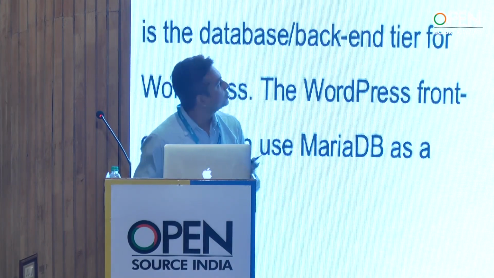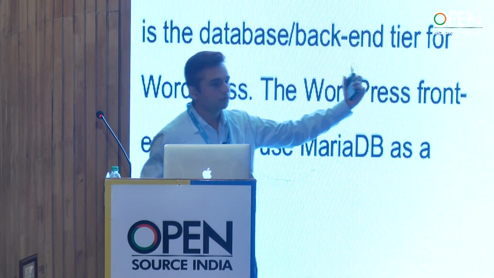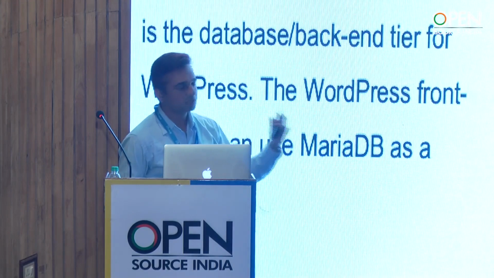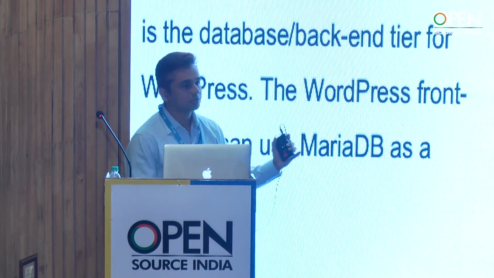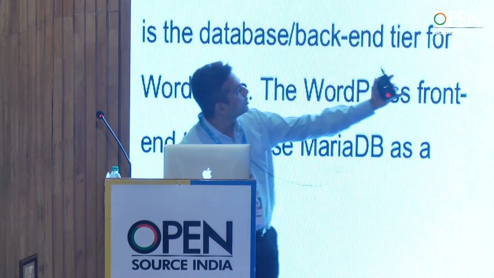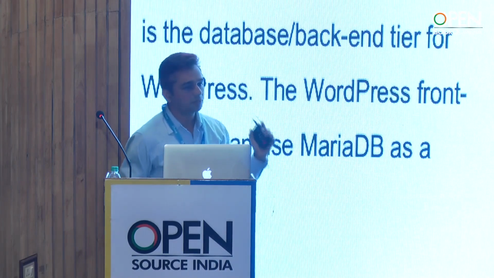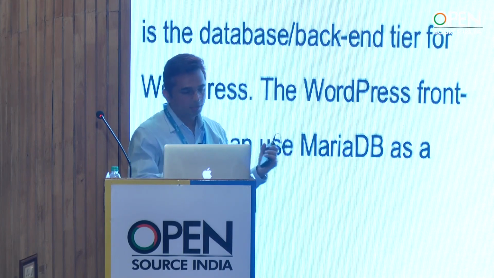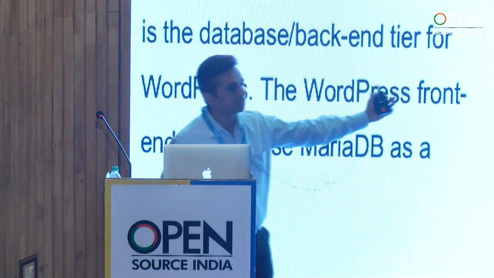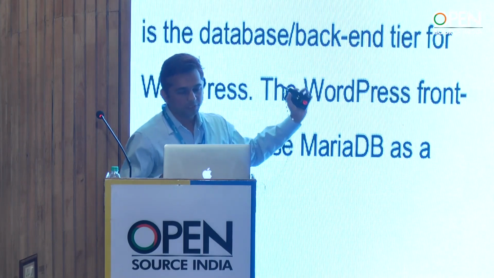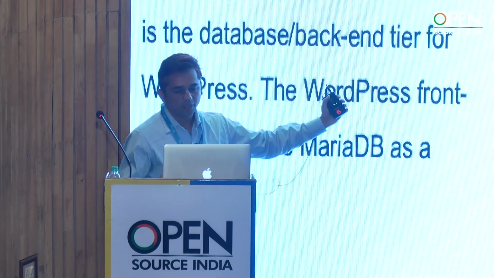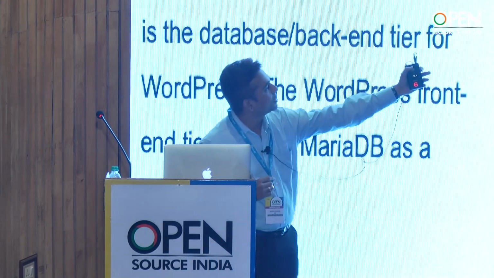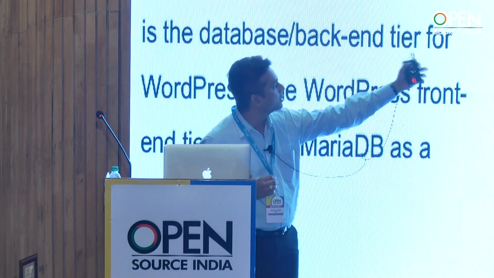Here you can see the architecture of the WordPress app. There are two microservices. One is the front end, which is the WordPress app itself, and the other is the database service, which is the backend. On the left hand side is the customer or web user. He will invoke some web-based URL, and the flow goes to the WordPress app, which will save some data in the database service, and it will revert back.